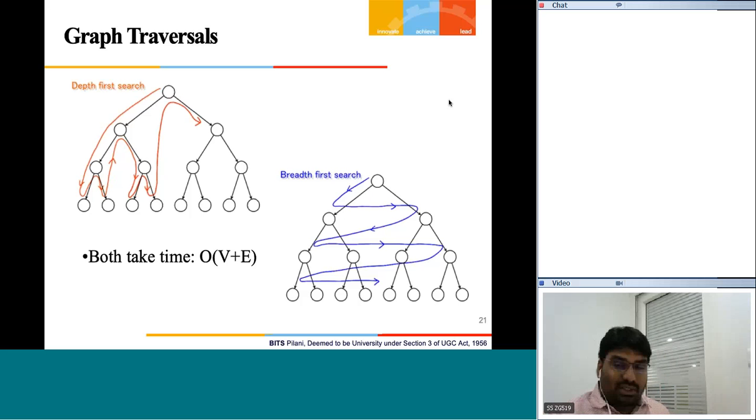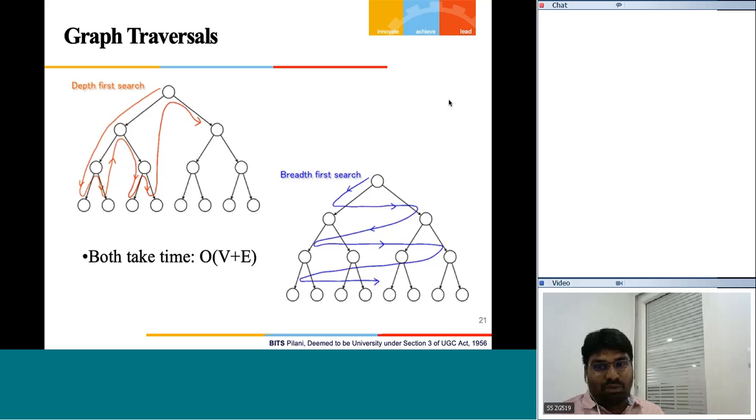Okay, so very good morning and welcome to the continuation session, session number 11, on graph traversals, right? In the last session, if I am not wrong, I told you that there are three types of graph traversals, out of which we'll focus on two: breadth first search and depth first search.